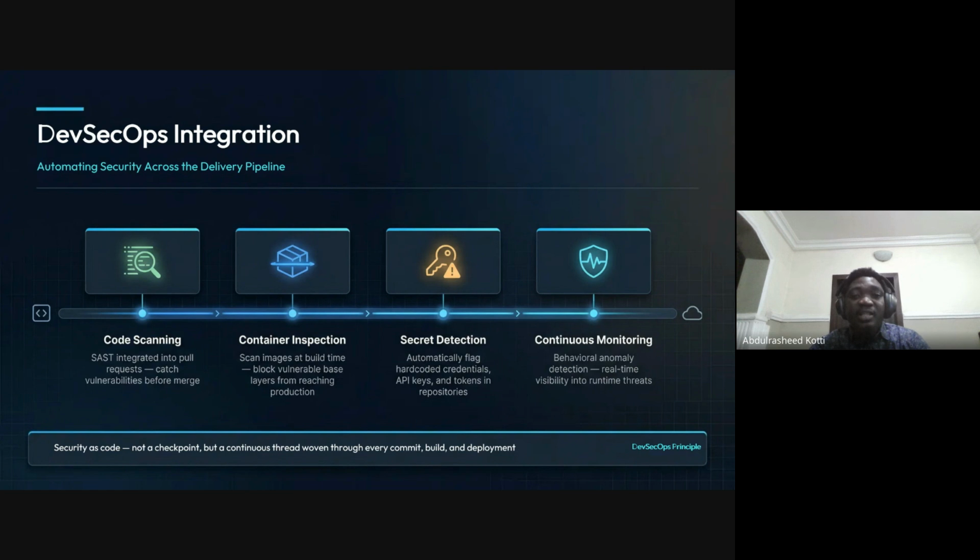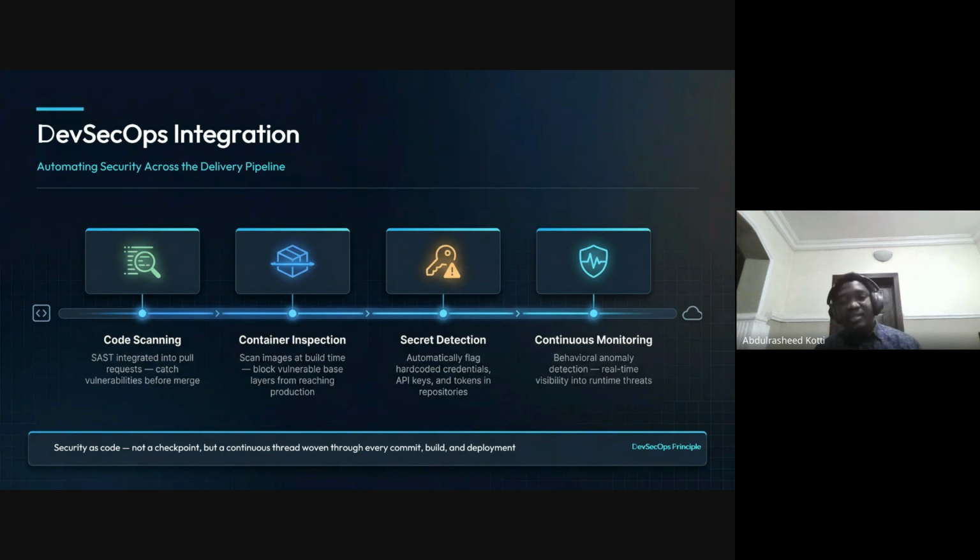Sec means security, and this is protecting the system. Ops means operations, running and managing the system. So DevSecOps means security is added into development and operations from the start and not at the end.